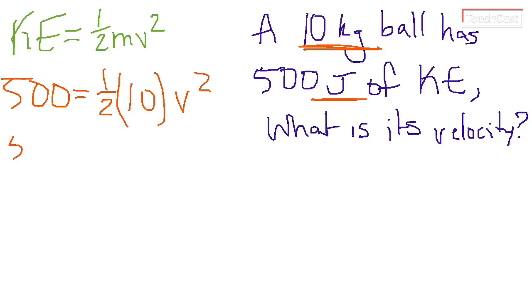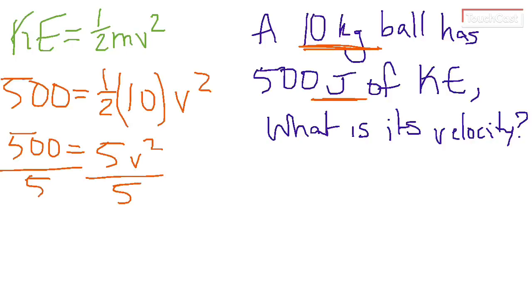So I'm going to do 500 equals 5v squared, and all I did there was 1/2 times 10. Now I have to get the 5 to the other side. I'm trying to get v by itself, so I divide by 5 on both sides, and now I have 100 equals v squared.